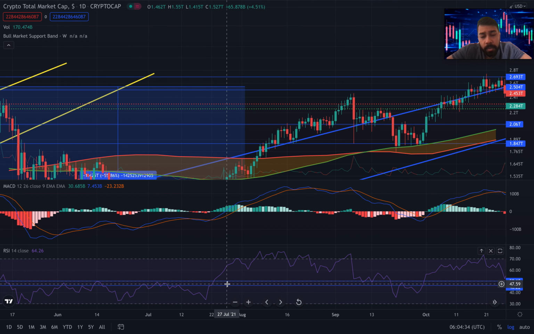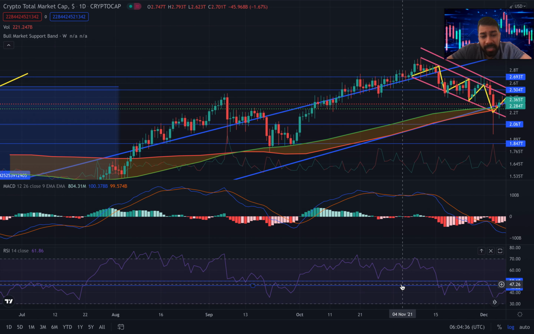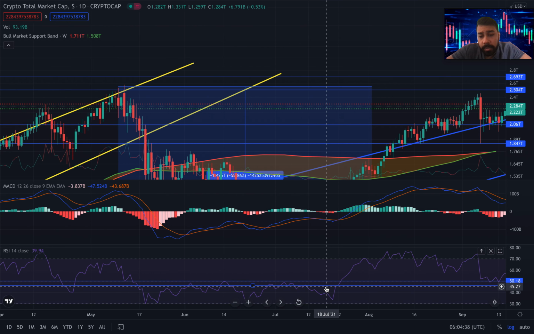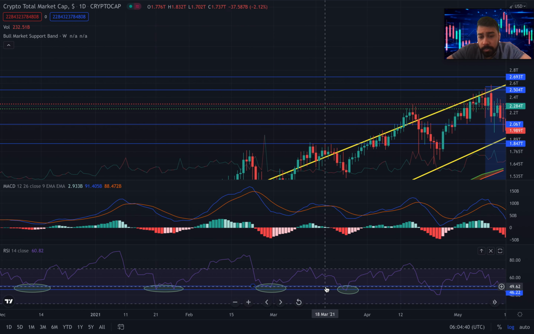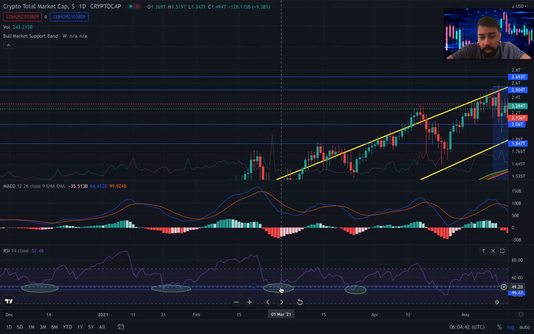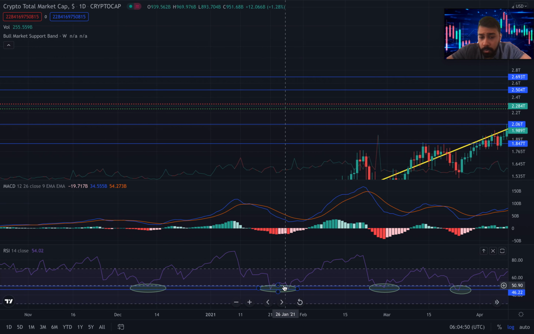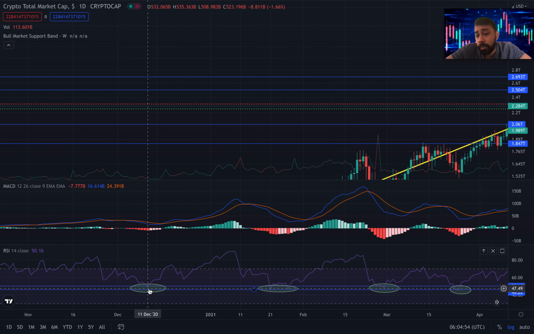However, if we go back in time, we can see that it has provided a lot of support as well while continuing to go up, right? We saw that in February, in March, in January, and we saw it being support last year during December.